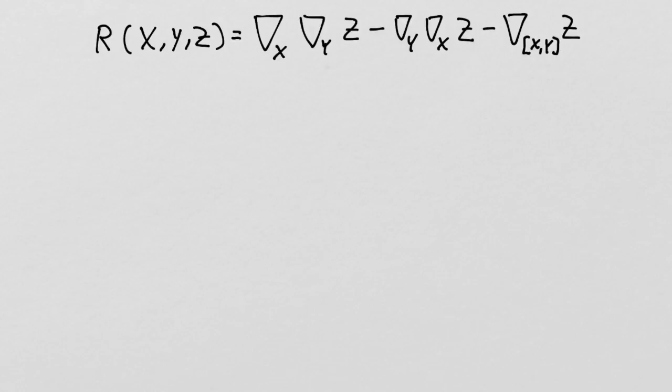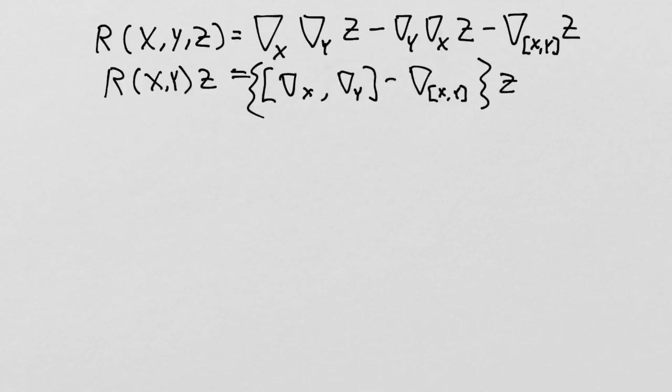So we began with the abstract definition of the curvature, which was a mapping from three vectors to a vector. Then we renamed this R(X,Y) operating on Z, so R(X,Y) is a differential operator operating on Z. It was still defined the same way, although in that notation it's a little cleaner to write it in this form that involves the commutators in both places.